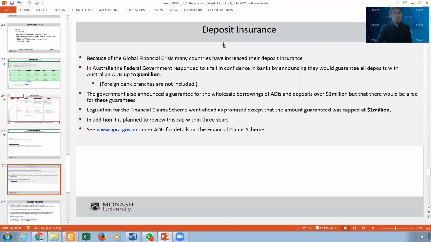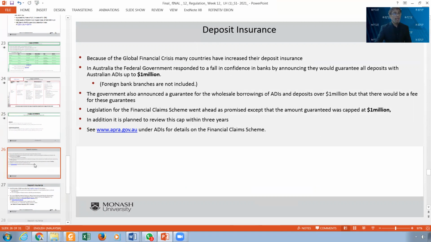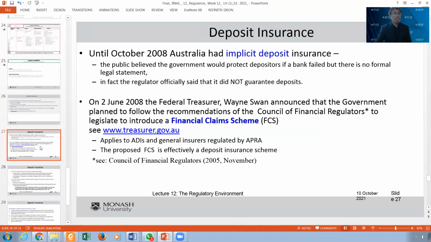I will go to deposit insurance, and we don't want to go into deposit insurance too much. It's just that this deposit insurance has been there for a long time. I think we have a pre-class activity for this deposit insurance, pre-class activity number 3. And deposit insurance has advantages and disadvantages. And there is also a body, the FCS, Financial Claims Scheme, which is the one that operates under this.